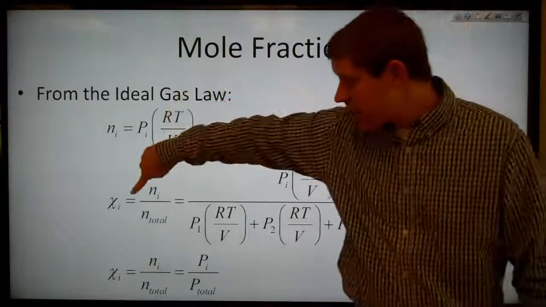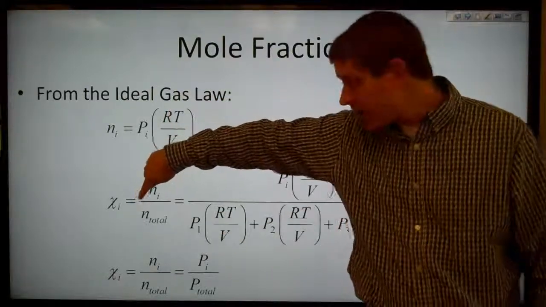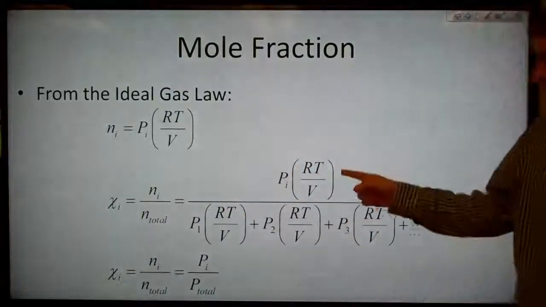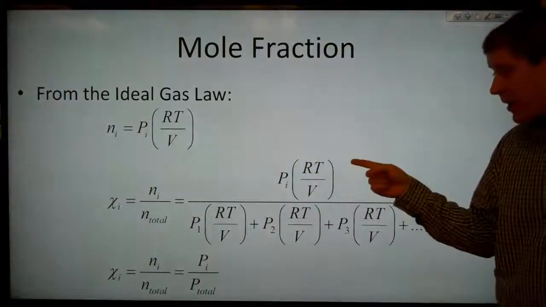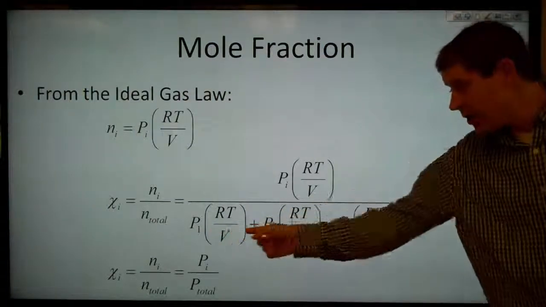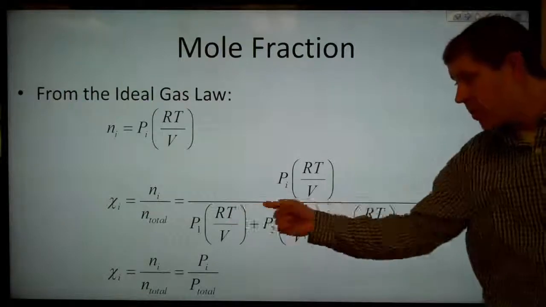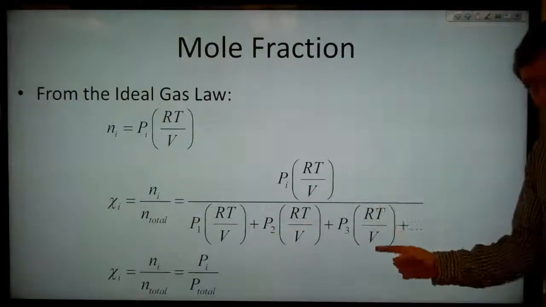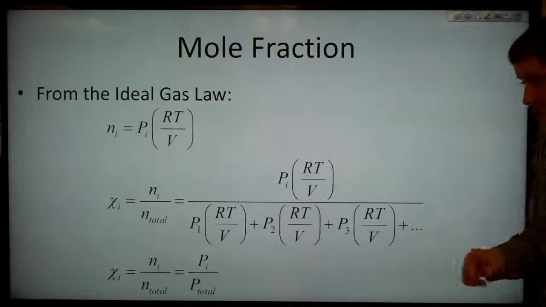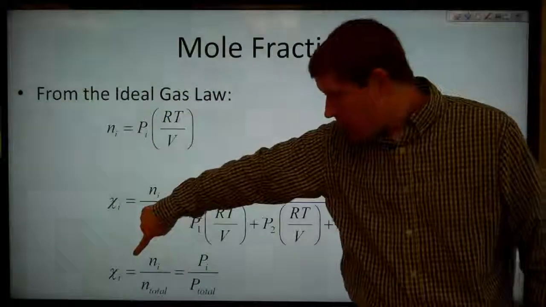Well, that means that now we can take our chi_i, our mole fraction, which was equal to n_i over n total, and we can replace n_i with P_i times V over RT, and n total we can replace with this expression, P1 times V over RT plus P2 times V over RT plus P3 times V over RT, and so on, for however many pressures you have.